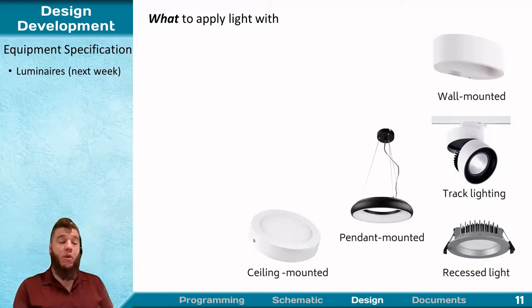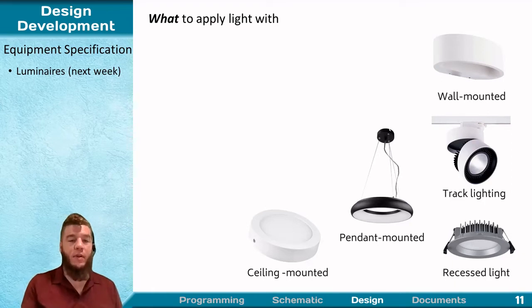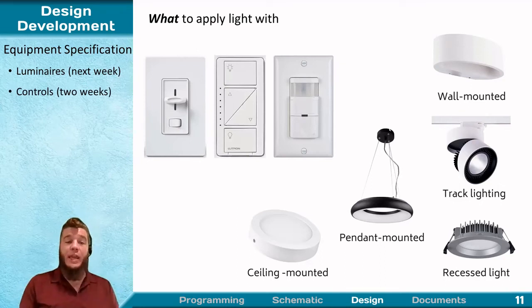And so, next week, we're going to dig into the zoo of luminaires that's available to us in architectural lighting design and take a look at, in particular, the cut sheets and how this allows us to customize a type of luminaire to fit our specific project. So, that's next week. And in 2 weeks, we're going to be taking a look at controls and some of the basic strategies that you see almost everywhere that allows us to create a more nuanced and responsive lighting system.